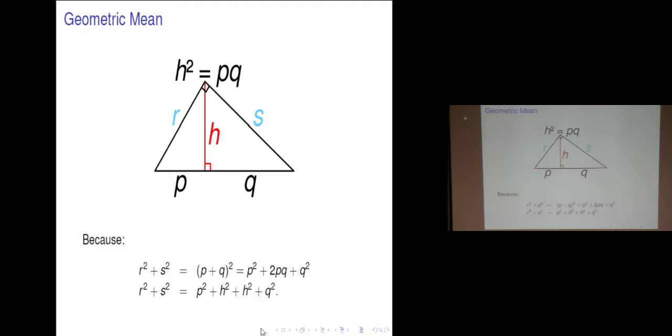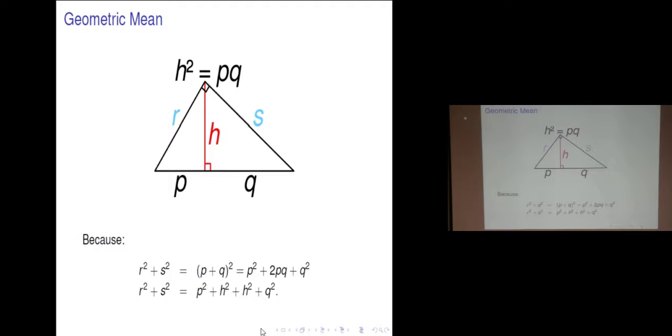I draw a line segment of length P, and then continue with a line segment of length Q. Then I draw another line which is perpendicular to this PQ.